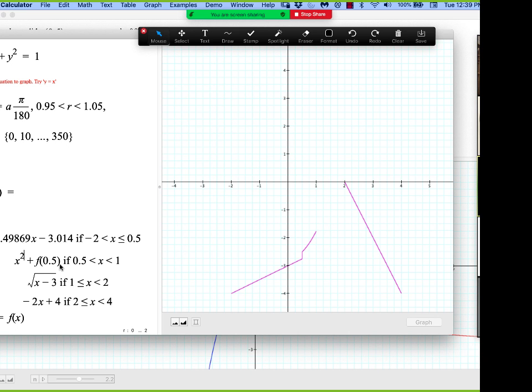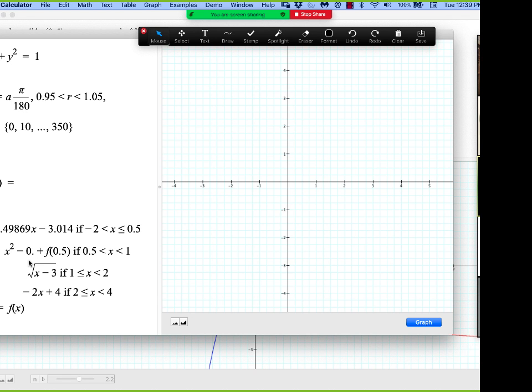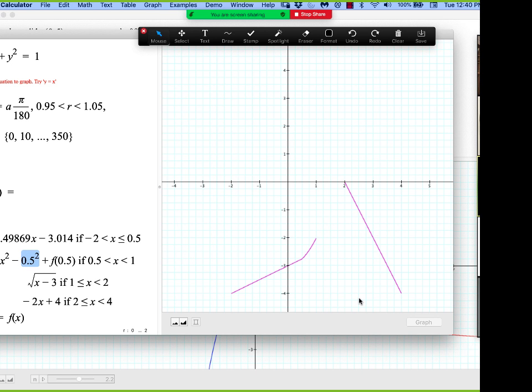So I think we need to subtract 0.5 squared. There we go. So we needed to get rid of the upward progress that x squared had made over that 0.5. And then to join it up, we're going to add where this one left off at 0.5.